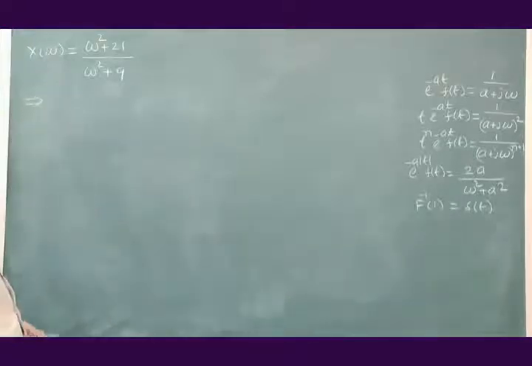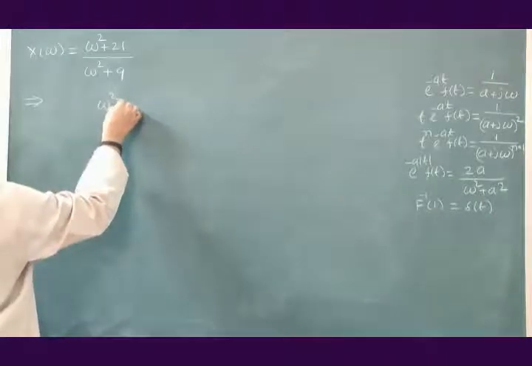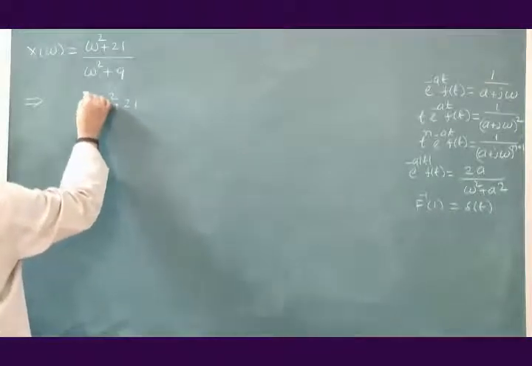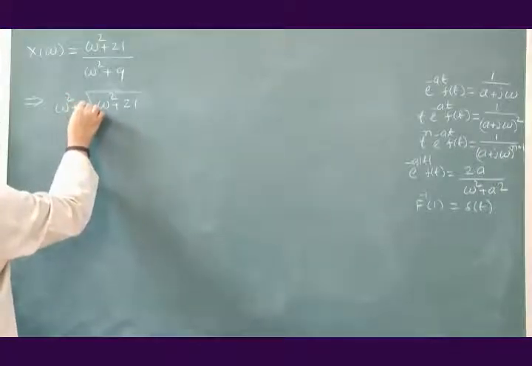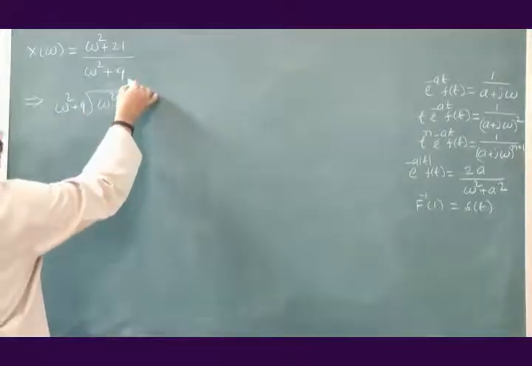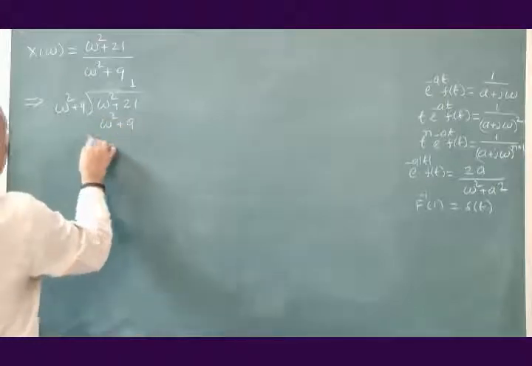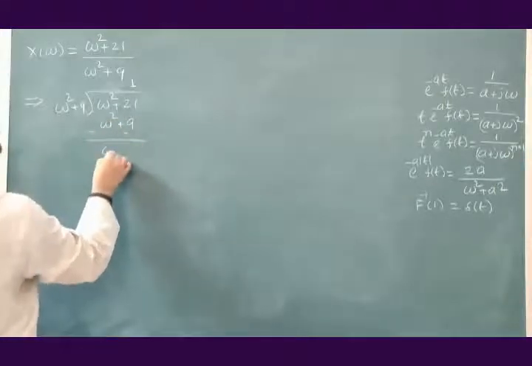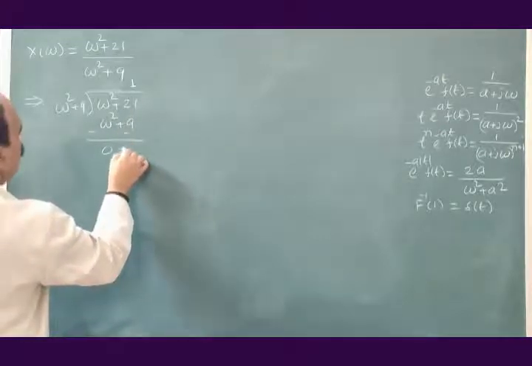We have to split this into standard form. Let us see how to split this. Divide this by this. Omega square plus 21 divided by omega square plus 9. Omega square plus 9 ones are omega square plus 9, minus, 21 minus 9, 12.